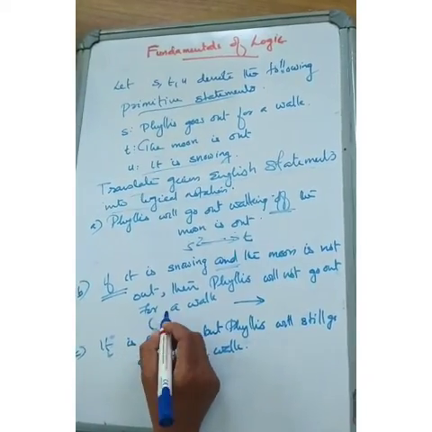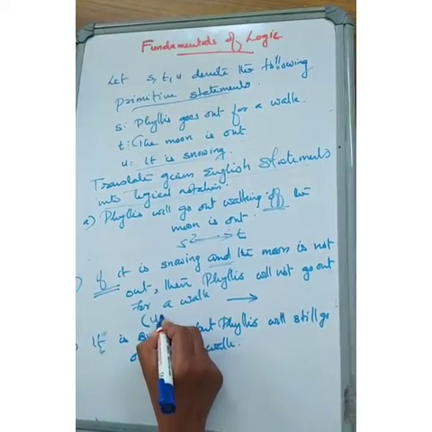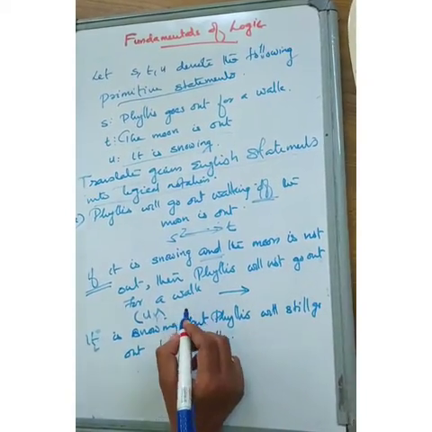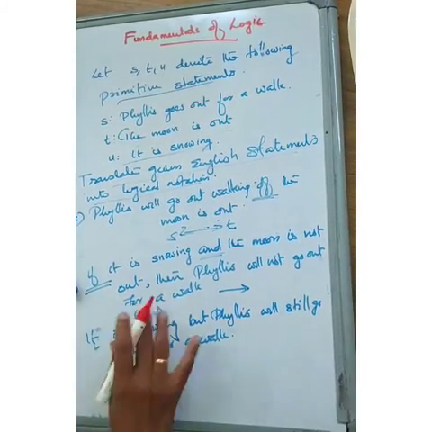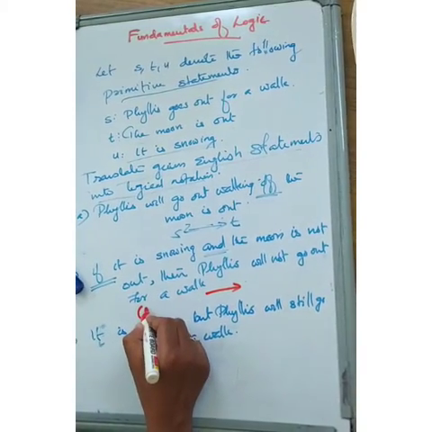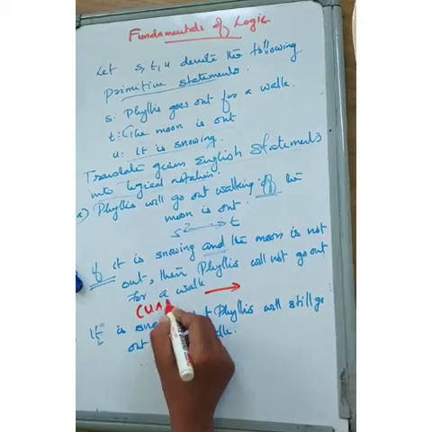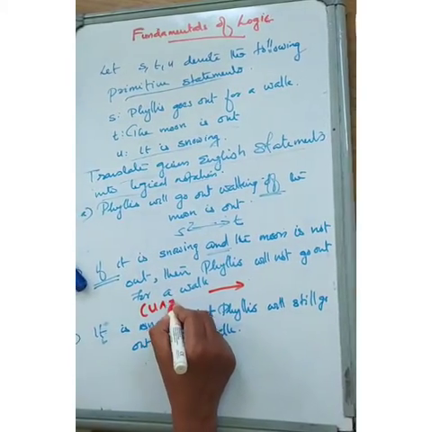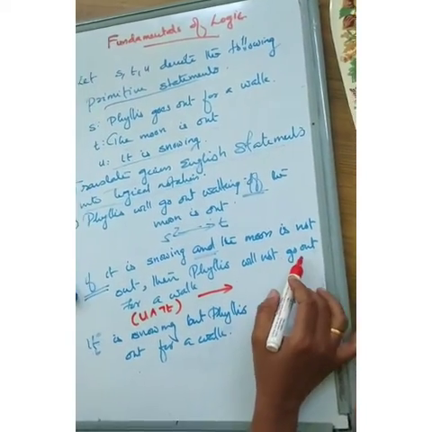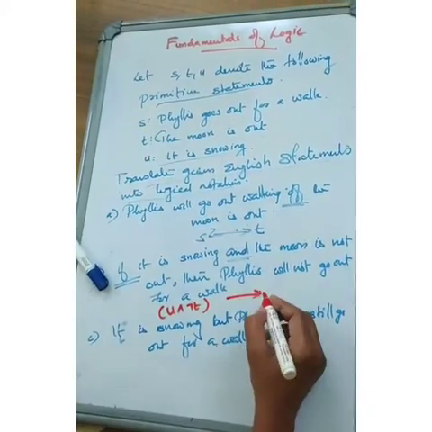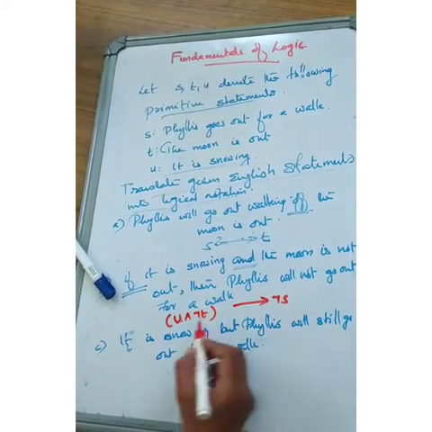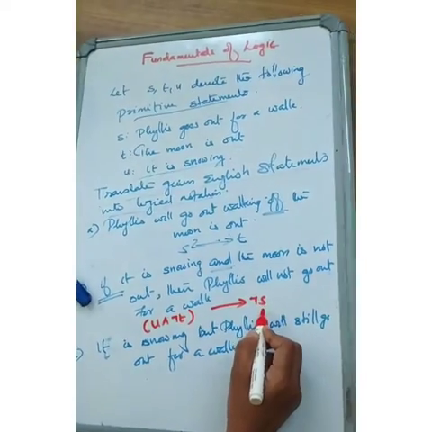If it is snowing is U, and the moon is not out is negation T. So there is an implication, and then Phyllis will not go is negation S. This is the answer. So it is U and negation T implies negation S.